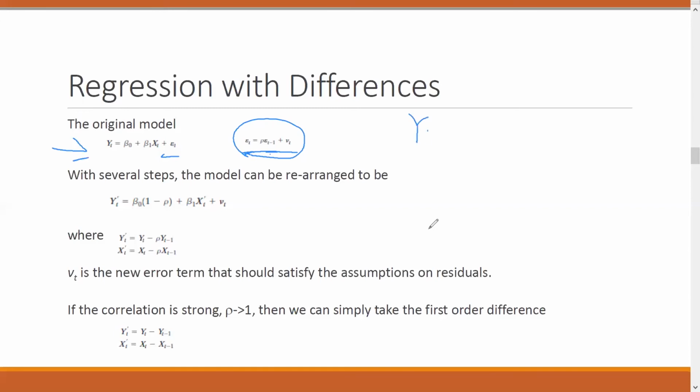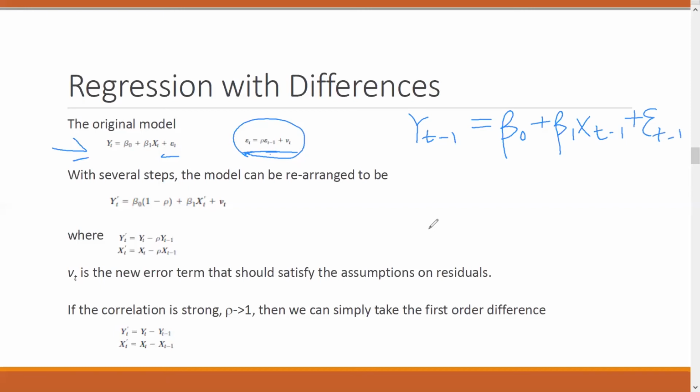We have y_{t-1} equal to, still for the previous period, the intercept and the slope coefficient will remain the same. So beta 0 plus beta 1 x_{t-1}, because this is the previous period, plus epsilon_{t-1} since it's for the previous period.